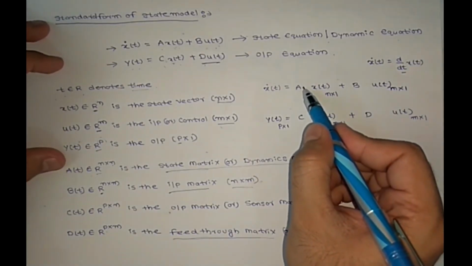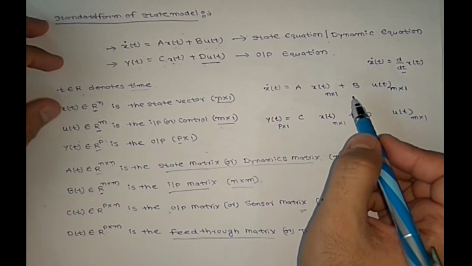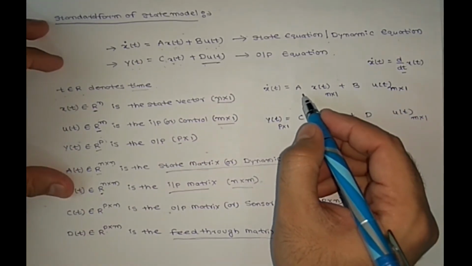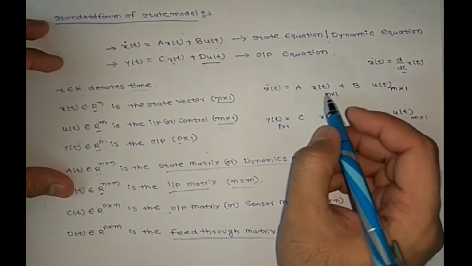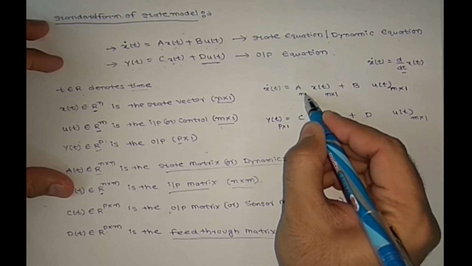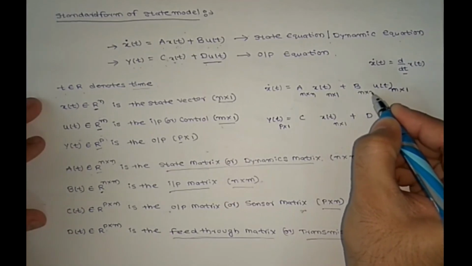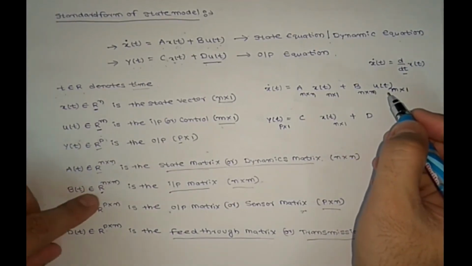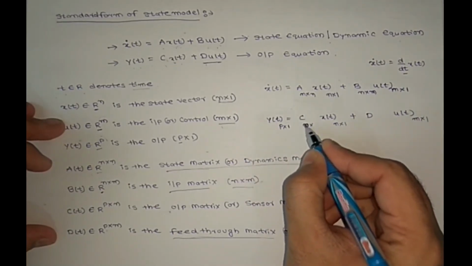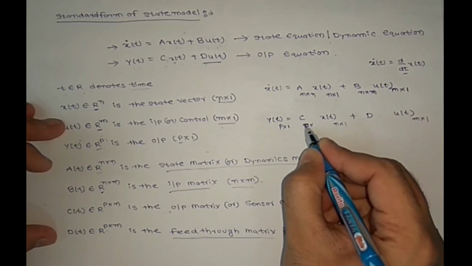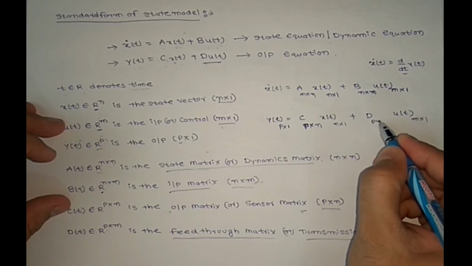Definitely A and B are affected by the state vector, so n is common. Which matrix will multiply these? It should be n cross n, that is what we got. Then n cross m for B, only then can you multiply, right? In the output equation, the result should be p cross 1, so C is p cross n and D is p cross m.